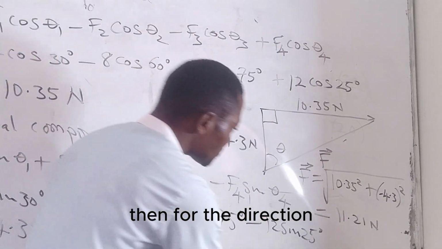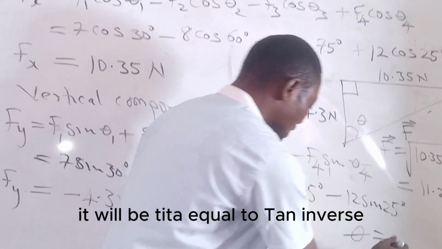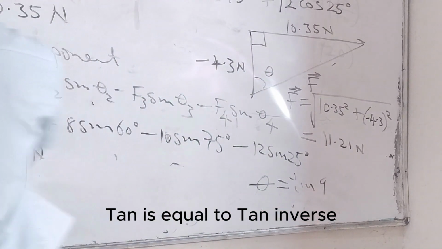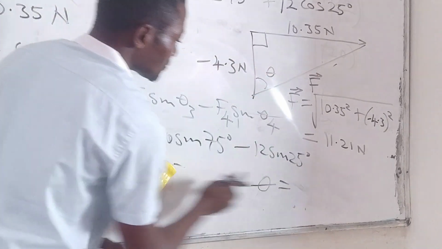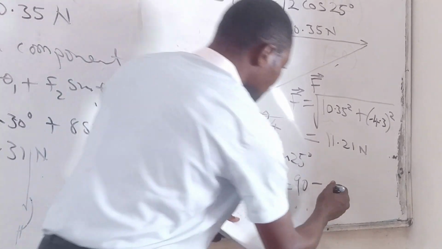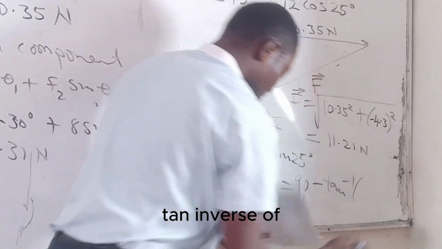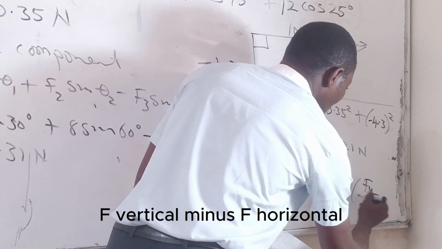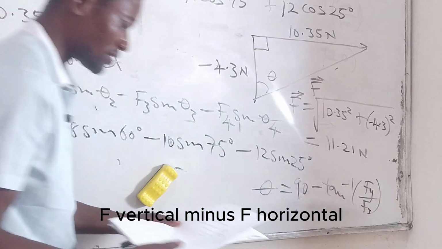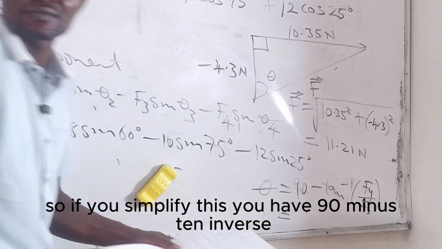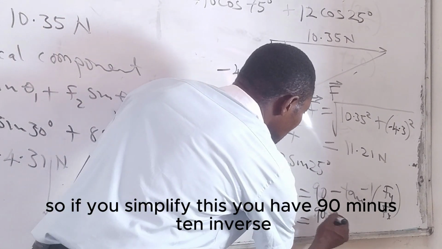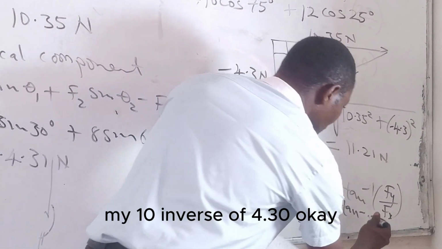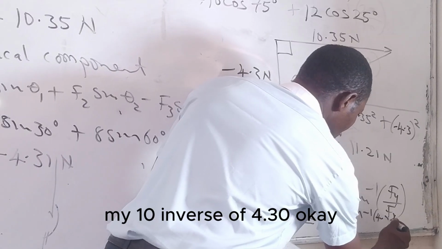Then for the direction, it will be theta equal to 90 minus tan inverse of F vertical over F horizontal. So if you simplify this, you have 90 minus tan inverse of 4.30.